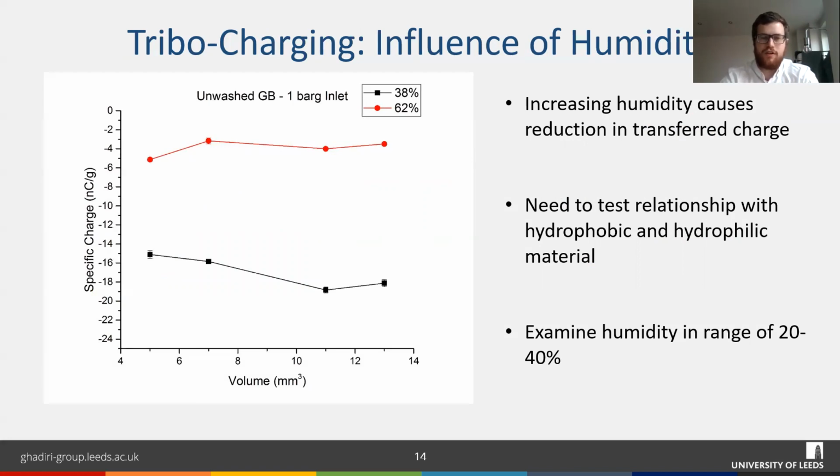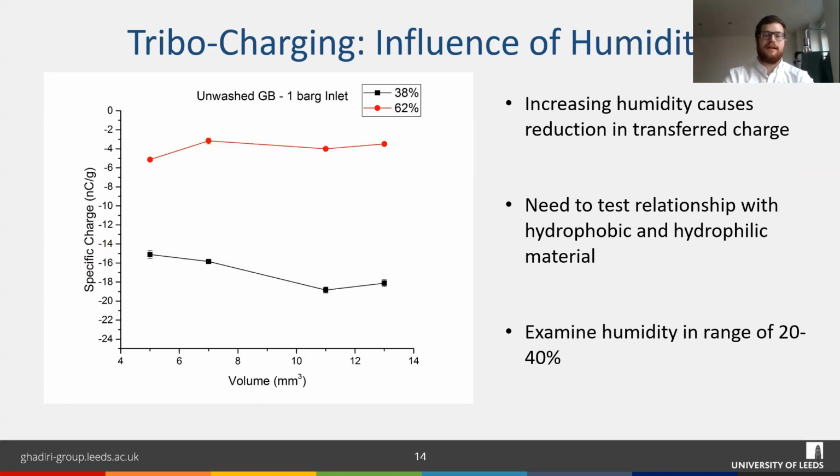At 62%, it's significantly lower than at 38%. But we really need to test this relationship with both the hydrophobic and the hydrophilic material, so the silanized and the acid washed glass beads, because it'll be interesting to see how hydrophobic or hydrophilic material influences how sensitive they are to changes in humidity.